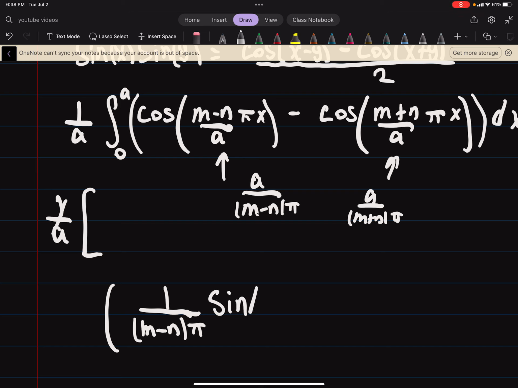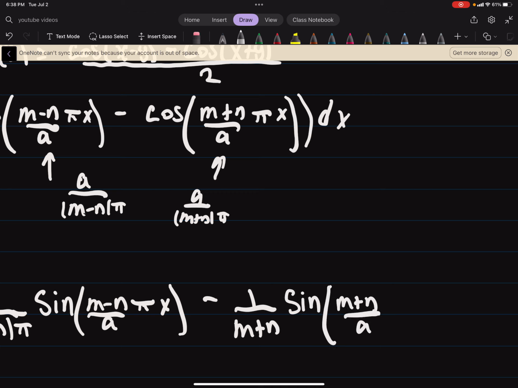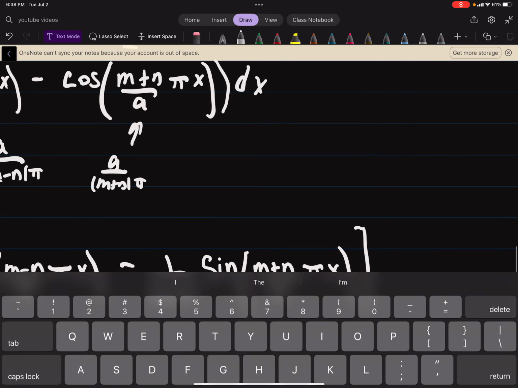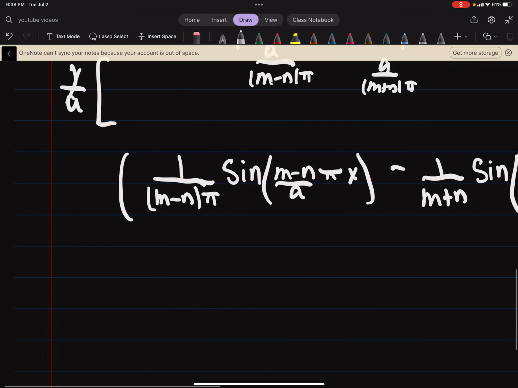The cosine turns to a sine, (m minus n) over a pi x. And then minus 1 over (m plus n) pi, sine of (m plus n) over a pi x. And these are all evaluated from 0 to a. Okay, so that's a u substitution integral, basically, 2 of them.